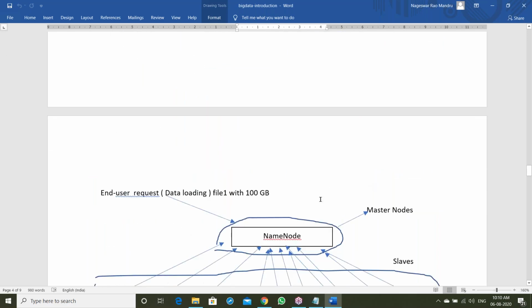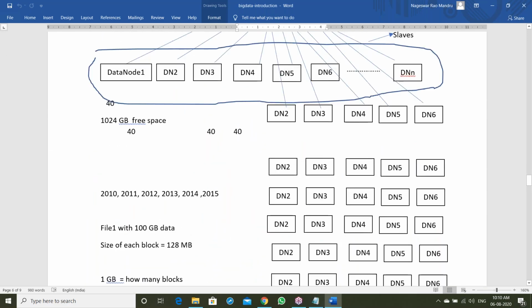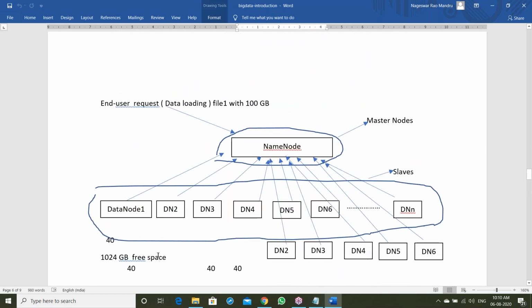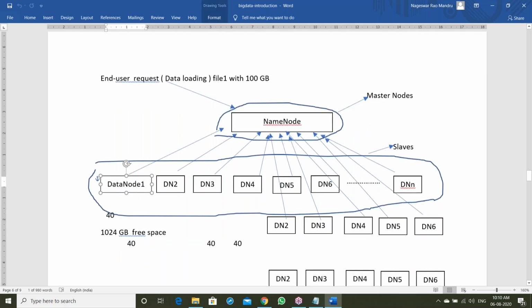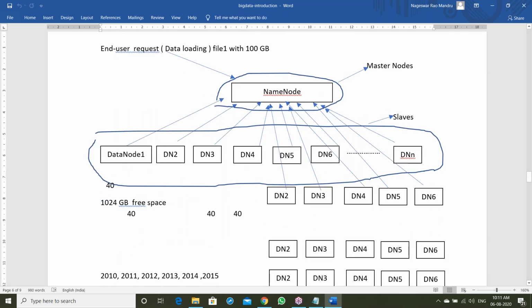Once again, yesterday we discussed an example. Suppose a file with 100 GB of data is loading. Suppose the first node itself has more free space, for example 1 TB, around 1000 GB of free space.